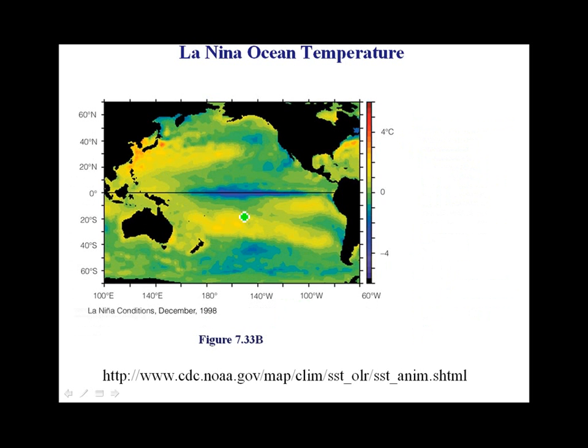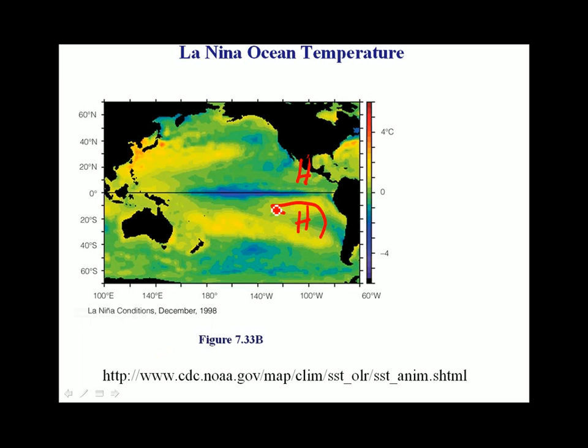During a La Nina, again, we have stronger than normal high pressure. I'll change the pen color here. So during a La Nina, we have stronger than normal high pressure.